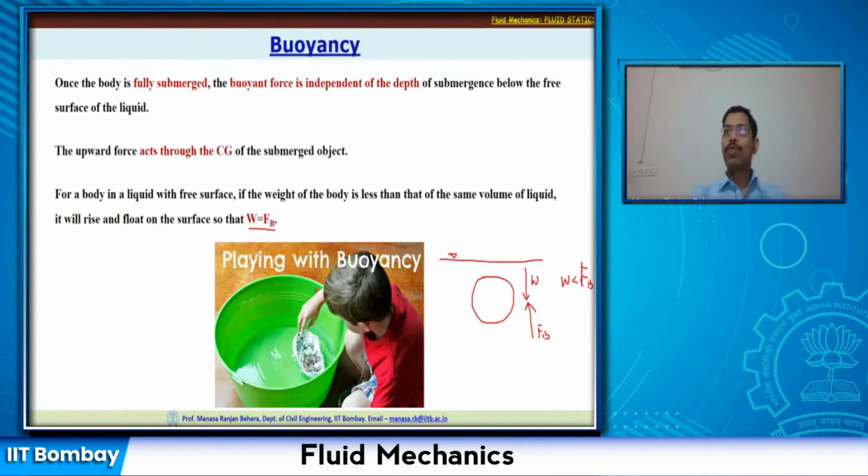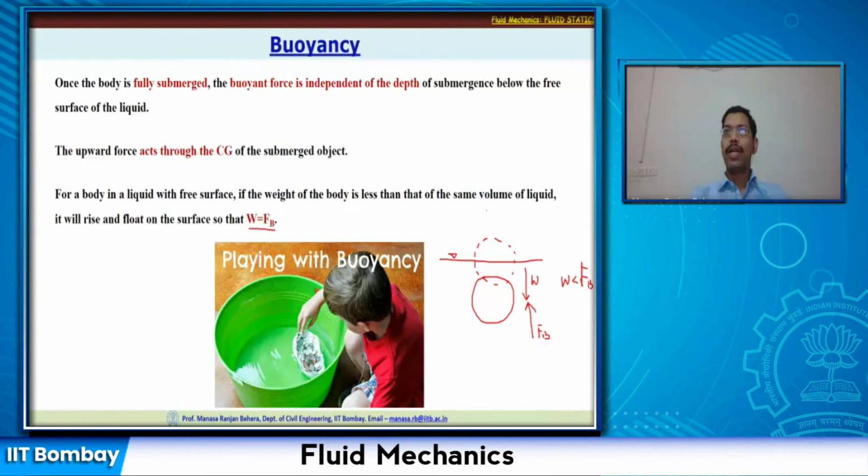So it will keep on pushing upward till the point that the body comes to a position where the weight of the body and the weight of the liquid displaced by the body are the same, and only then it will be stable or remain there. So the body will be floating.